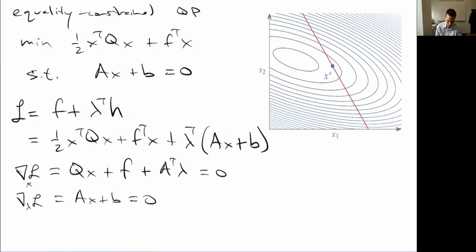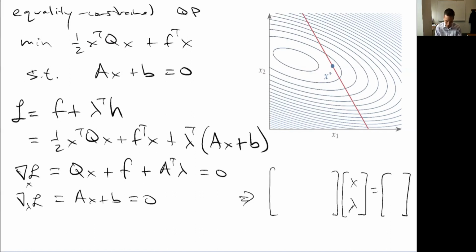So I could write that in block matrix form. X and lambda sometimes look a little too close to each other, at least in my handwriting. So this first equation here, let's write that down.